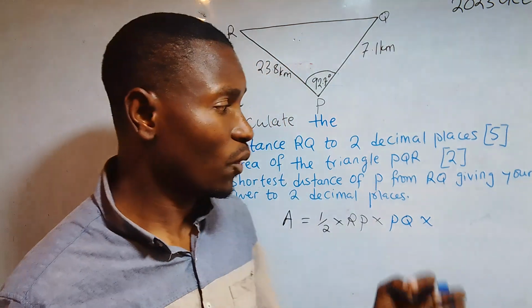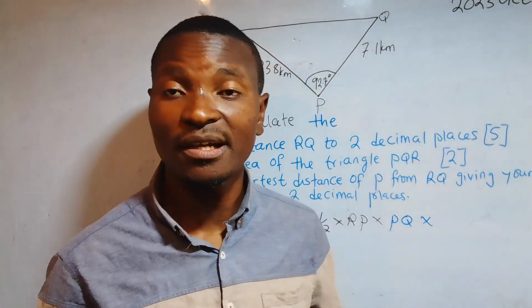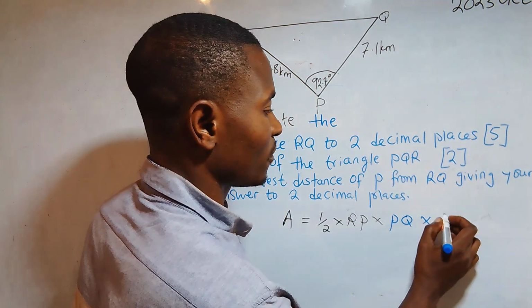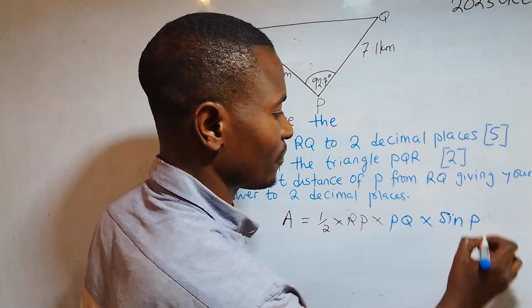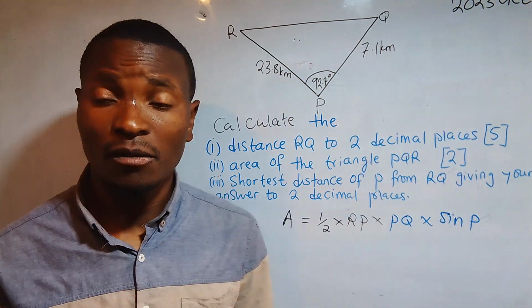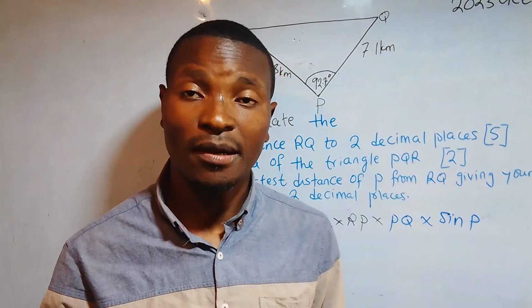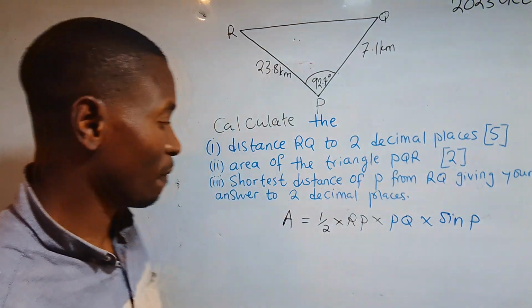So that angle you're looking at now becomes the sine angle. So sine P. As simple as that. And from there you can just plug in the actual numbers.